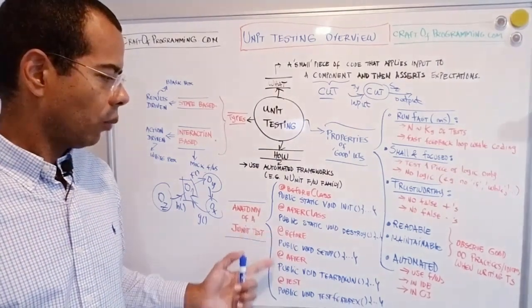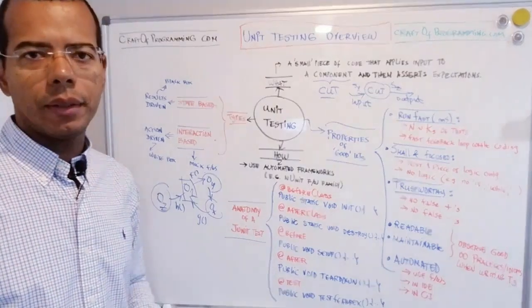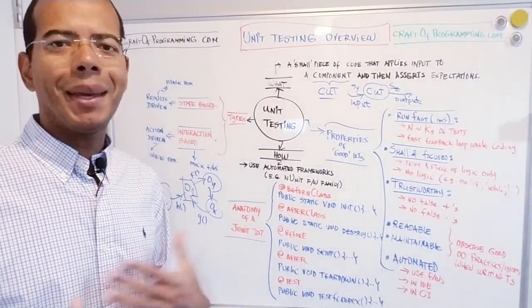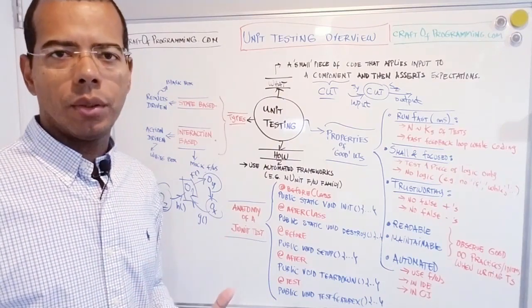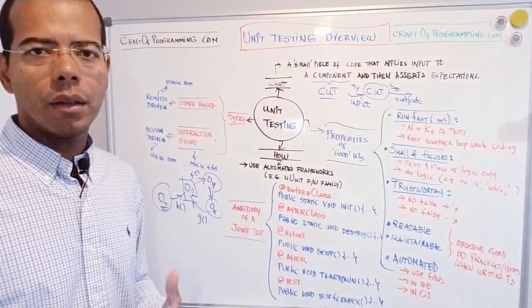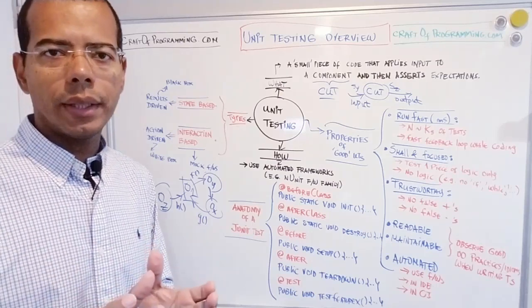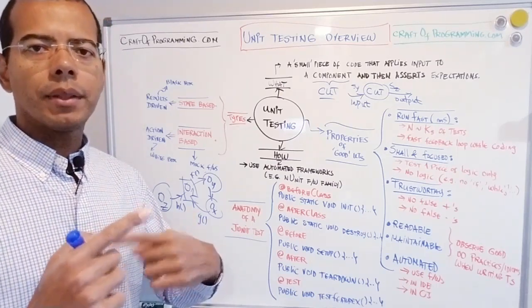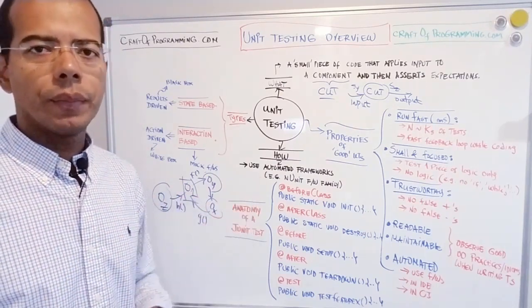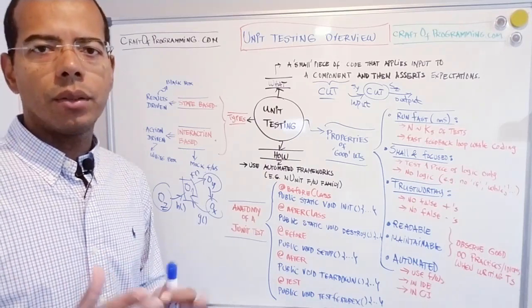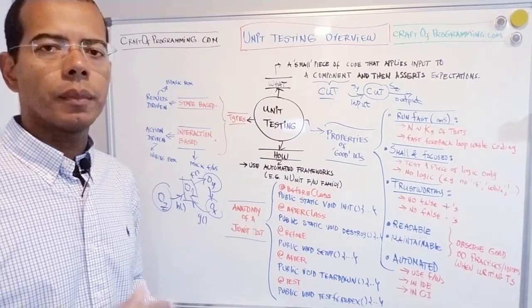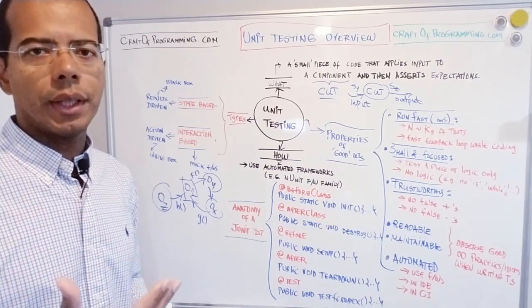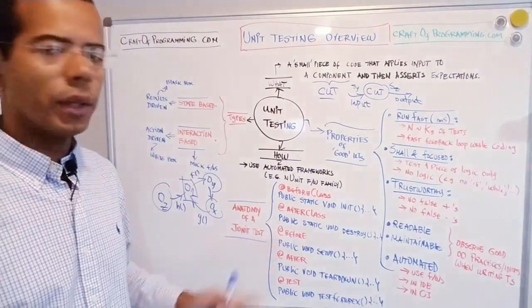And this is what you would do with the Before and After methods. So there should not be any dependencies on the order, for example, that you execute tests. This is a sign that the tests are not isolated, that there are interdependencies between the tests. So to fix that, you need to make sure that, like I said, after a test finishes, you restore the state to the way it was before.